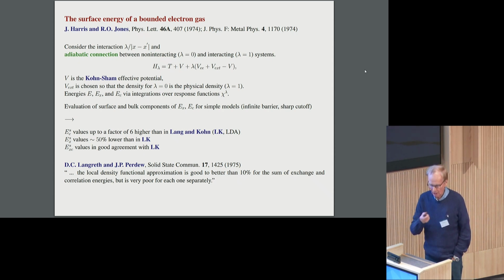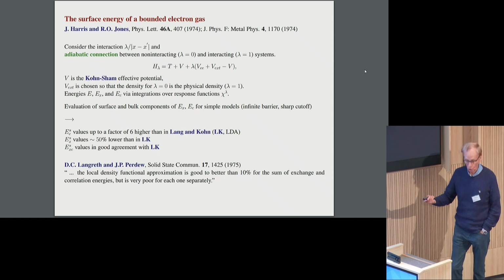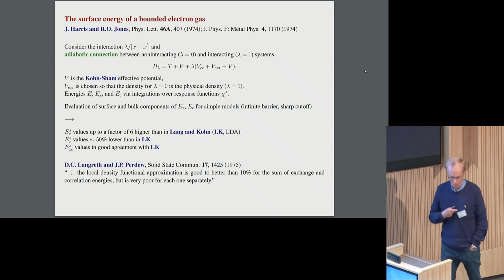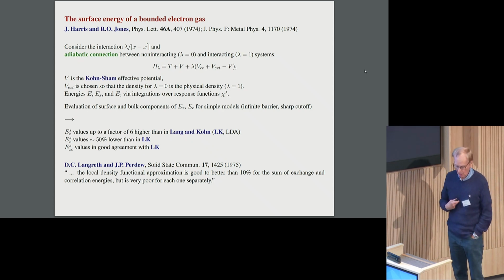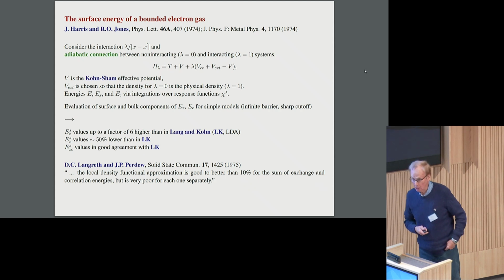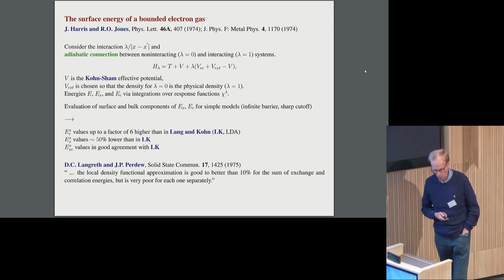But also the exchange energies were about 50% lower than in Lang and Kohn's calculation, the local density approximation. But the sum of the exchange and correlation energy more or less tracked the Lang and Kohn results rather well. This is really quite astonishing.